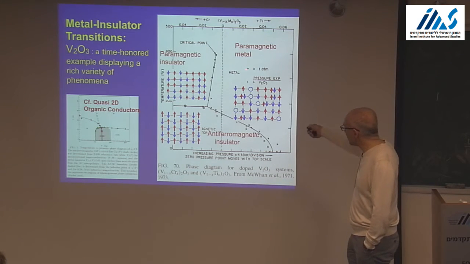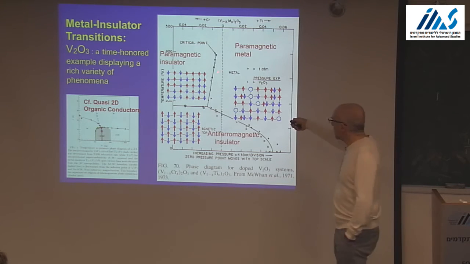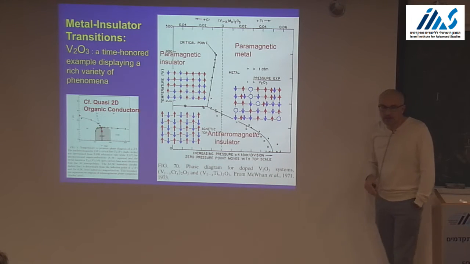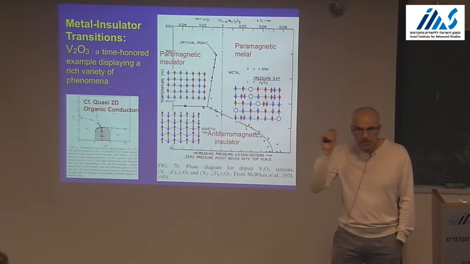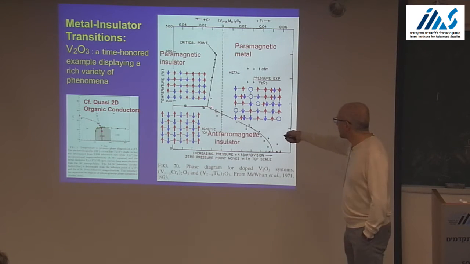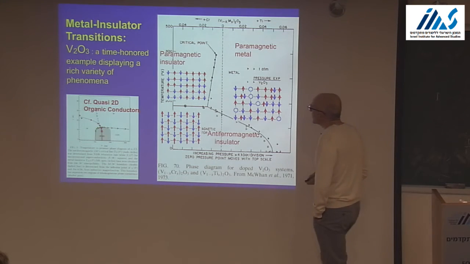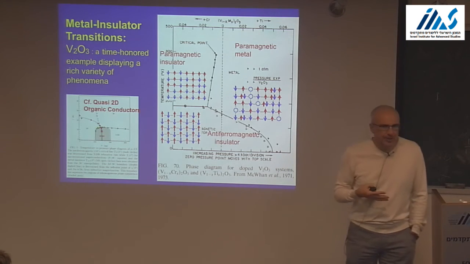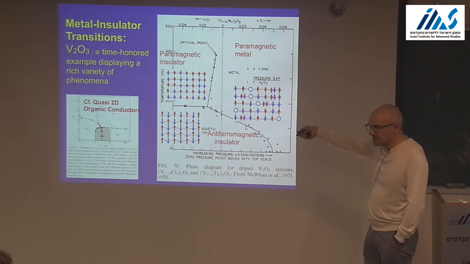Then as you increase pressure, this insulator can be metallized through a transition here, which is a first-order transition, without a change of lattice symmetry, but with a change in the lattice spacing. That first-order transition line ends here at a critical endpoint, which is a second-order critical endpoint. There is no symmetry distinction at finite temperature between a metal and an insulator. So it's a bit like a liquid-gas transition. You can go around this critical endpoint.